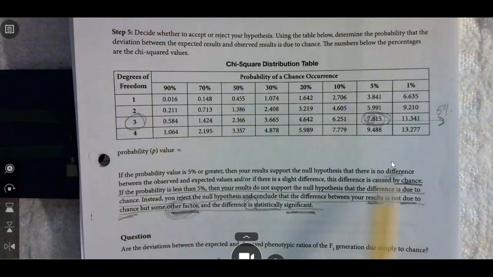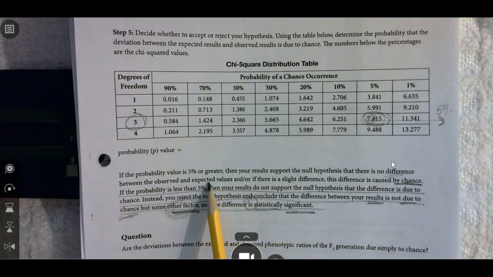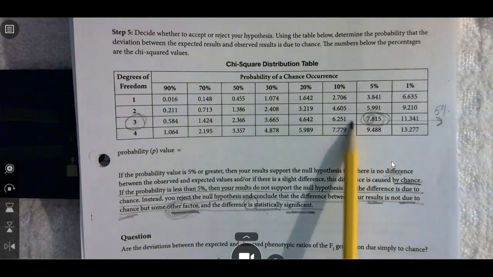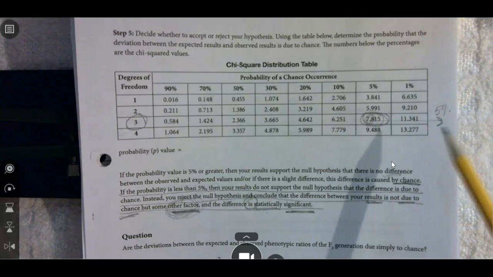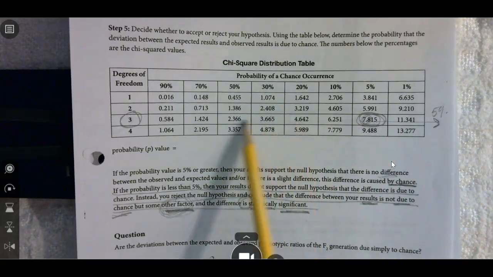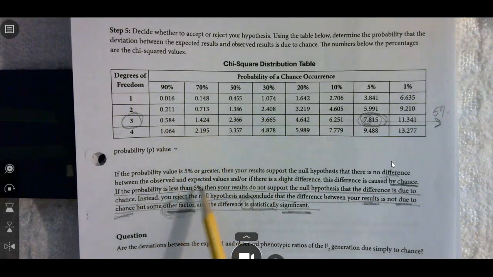We would say there's no difference between the observed and expected values, or if there was a slight difference, it's caused by chance. So if we got something nice and low, like 7.8 or lower, we would say there was no statistically significant difference.